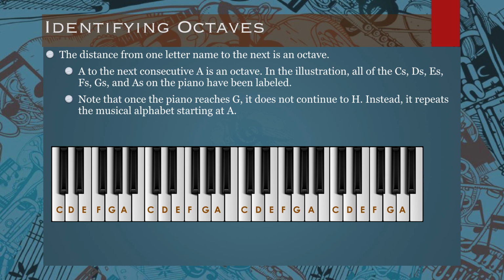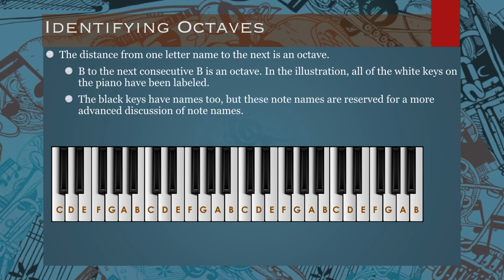What's important here is to know that there are 7 letter names that we use, A through G, and once we hit G, we start over again on A. So the next note is going to be B. And that rounds out the entire system on the piano. So now you should know how to figure out all the note names on the piano, at least all the white keys on the piano.